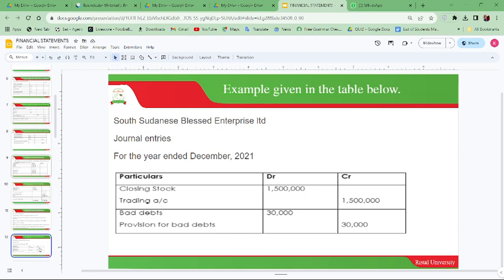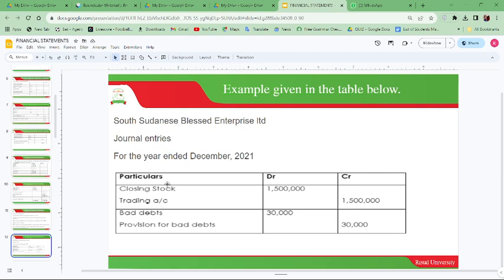So let's start. When you're drawing journal entries, you start with the name of the company, which is South Sudanese Blessed Enterprise Limited. Then journal entries for the year ended December 2021. We have the particulars and date, the debit side and the credit side.